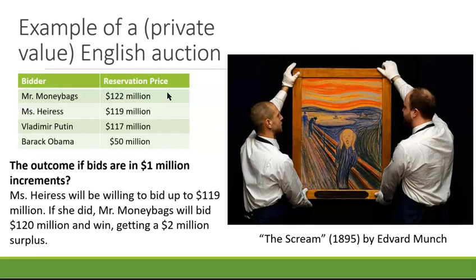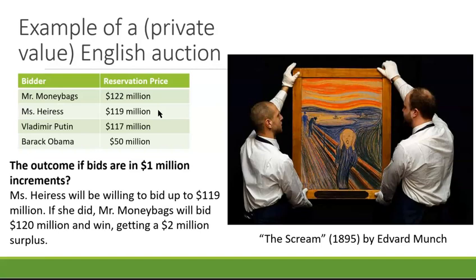So obviously he's going to get some consumer surplus. His reservation price, or his willingness to pay, was higher than the actual price that he had to pay. Another way to think about this is that the price that he paid is really the second highest valuation, Ms. Eras' valuation, plus an increment, in this case an increment of $1 million.